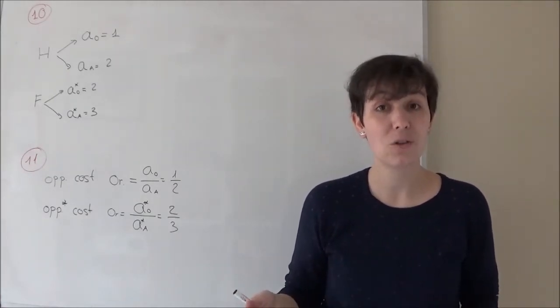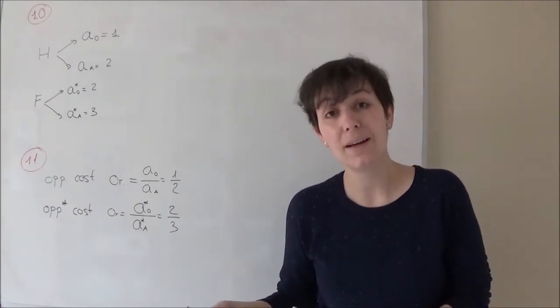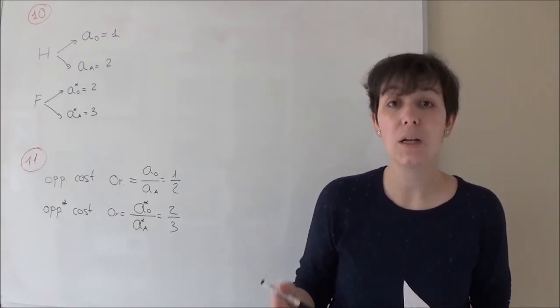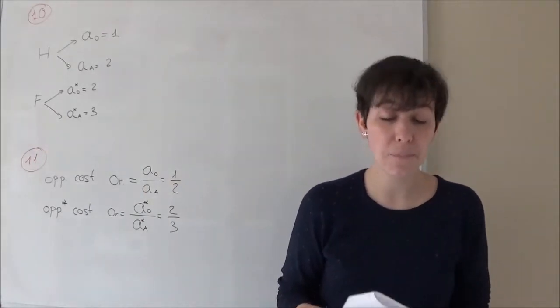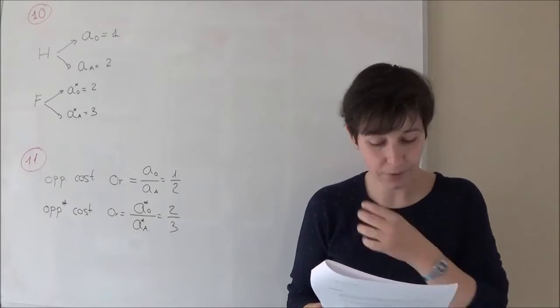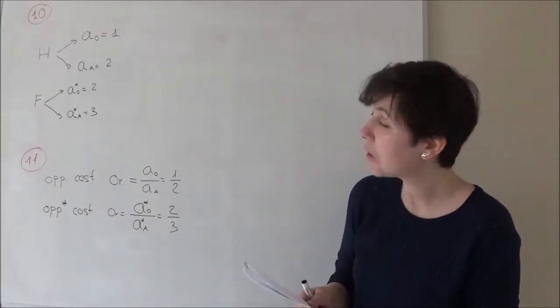And with international trade, prices are going to, well, in one good it's going to increase and in the other good it's going to decrease. But eventually we know from the theory that this is the economy that is going to have the higher salary or wage, as you prefer.